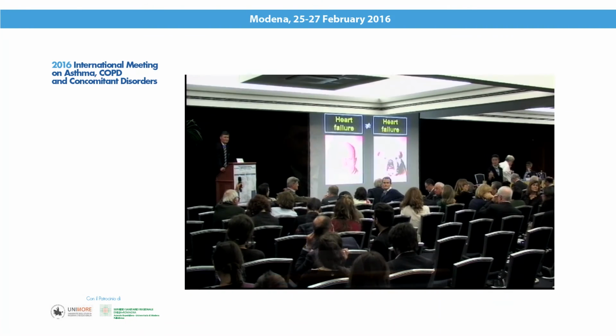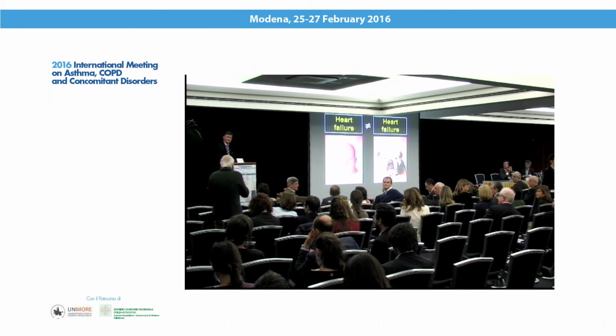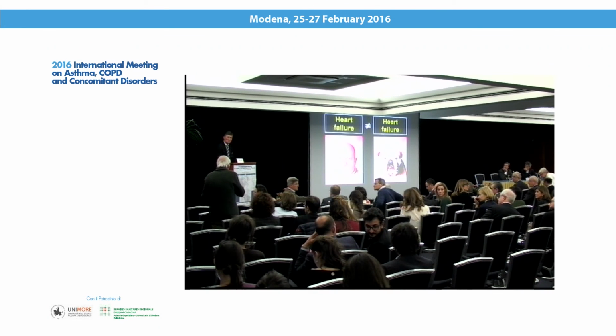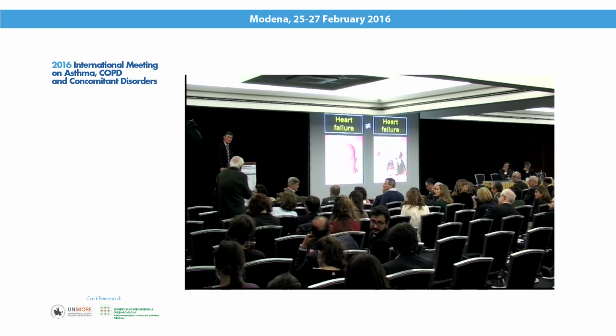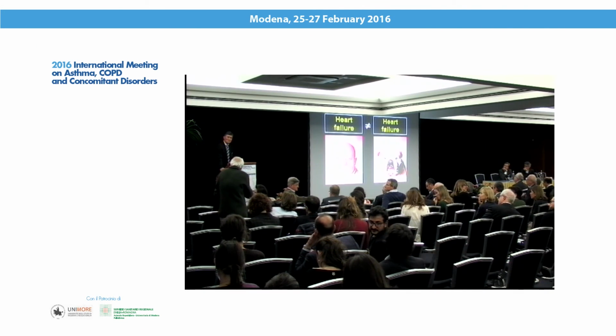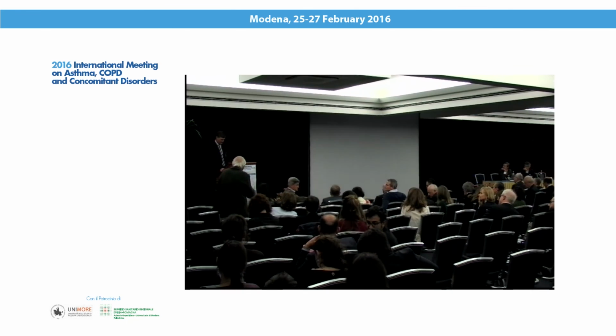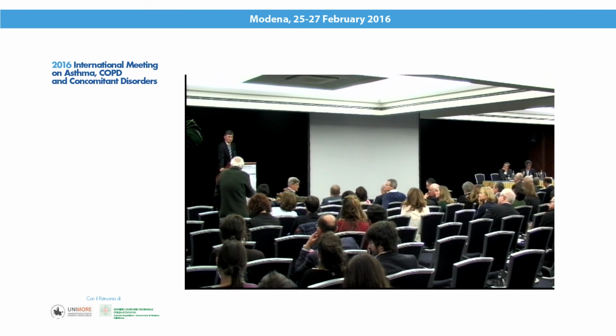Okay, another question, please, Manuel? One other possibility that might link together these early diseases in these people: we learned that the residual volume is increased, so they are breathing at higher lung volumes, and that will increase the afterload.